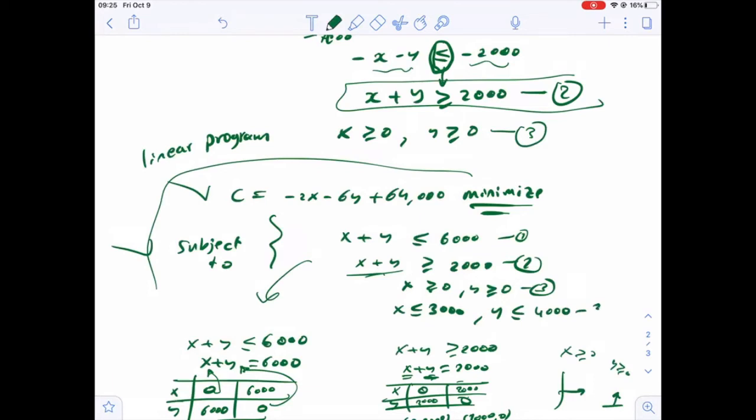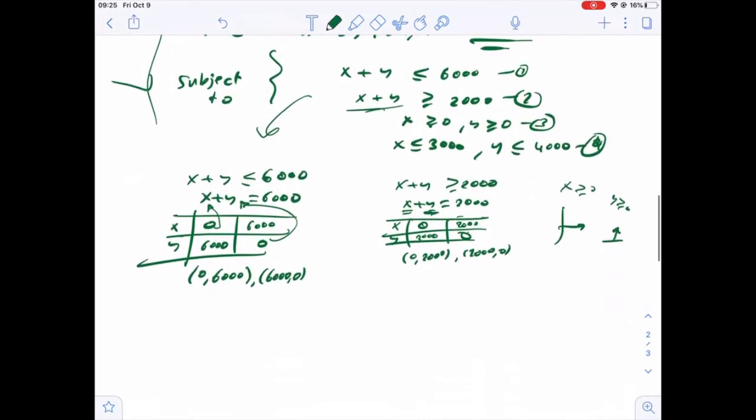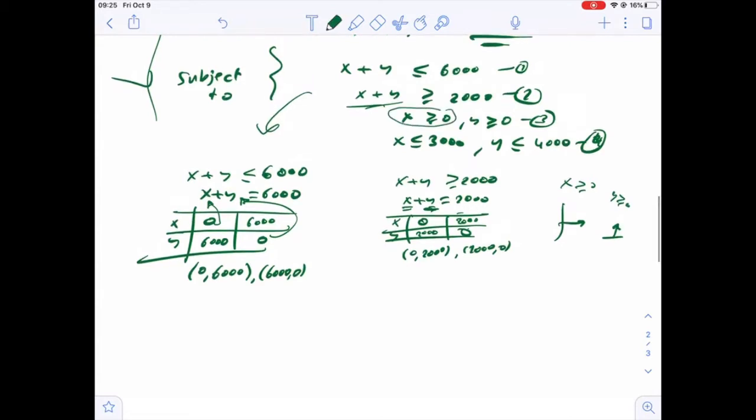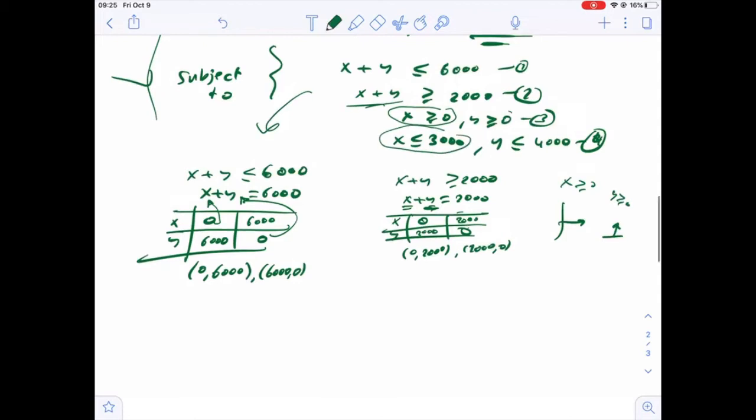So we need to include those conditions. So make sure that you study the question and include all data or all information from the question and find all possible constraints on the variables. Okay, because we said here x is greater than or equal to 0, but it should not exceed 3,000. y is greater than or equal to 0, but it should not exceed 4,000.